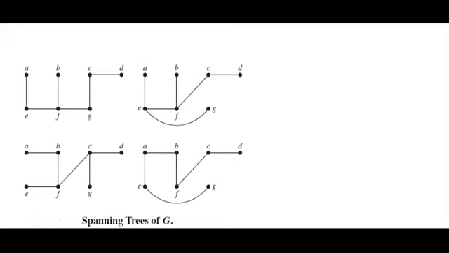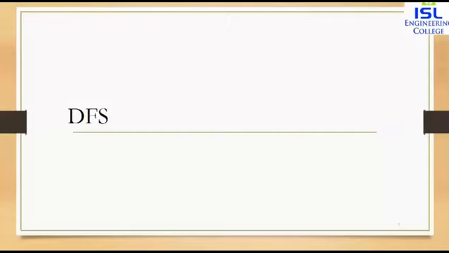Next we will look into two concepts, which are depth first search and breadth first search. To find the spanning trees of a connected graph, I have shown you the brute force method.